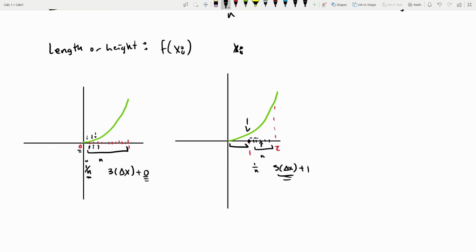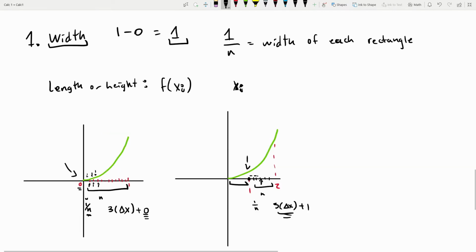For this example, we got kind of lucky that we started at 0, but we need to account for the start value. So the xi in this case will be 0 plus, and again, we want to go over some number of units. We don't know what that is, so it's just going to be delta x, which is the width of each individual rectangle, times i, which is the number of units that we want to go over.